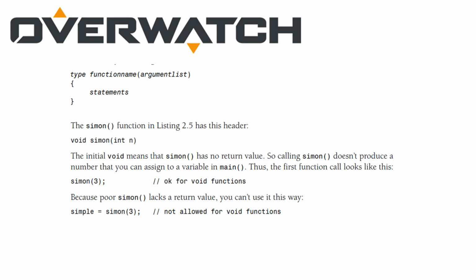So when you are writing a function, there's two key parts that you always have to think about. This right here is the syntax for how you actually write the function implementation. Everything in italics here is stuff that you have to write. The first thing is the type.